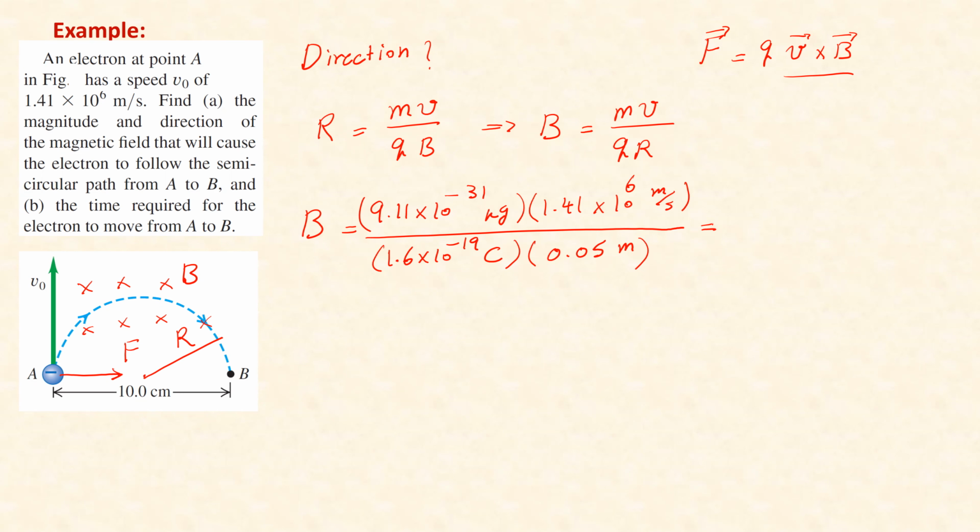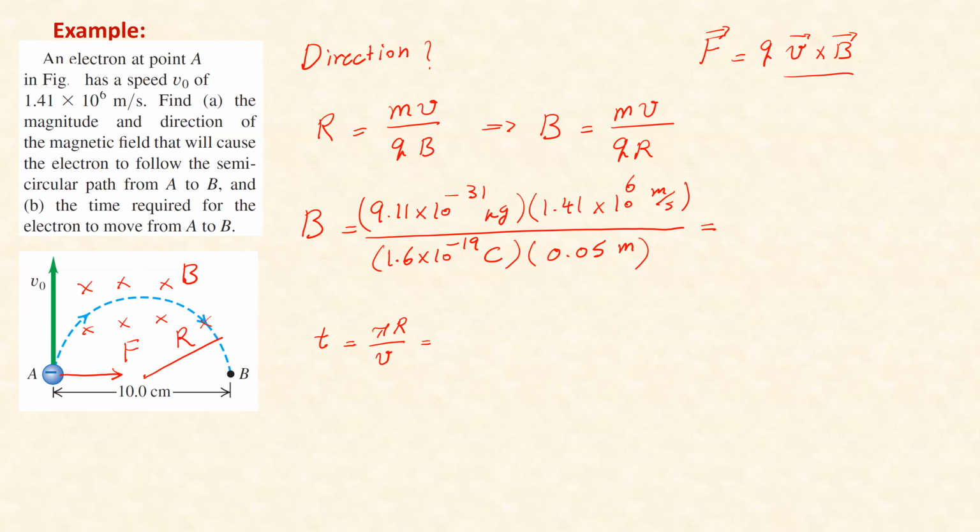And then how much time is required? Do we need B to calculate the time? Because we have a speed, and we can have the length of this trajectory. So you can say the time t is equal to pi R, or pi capital R, over v, right? v is equal to distance divided by time.